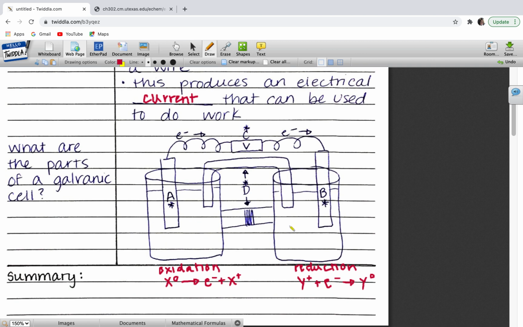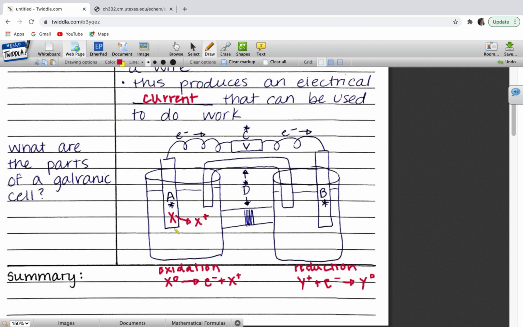So what does that look like in our galvanic cell? Well, let's say that this metal strip here, because typically this is going to be a metal strip, is made of metal X. As oxidation occurs and those electrons are lost, those positive ions are going to dissociate into the solution that metal strip is sitting in.